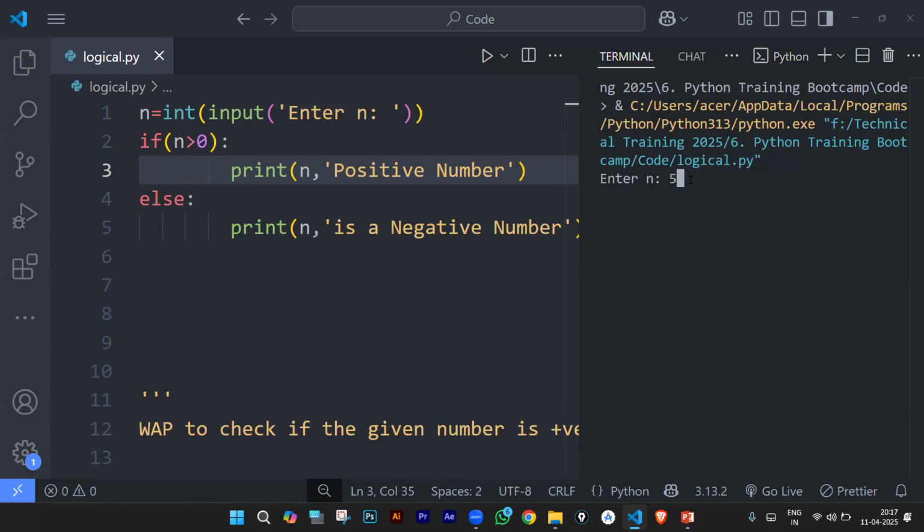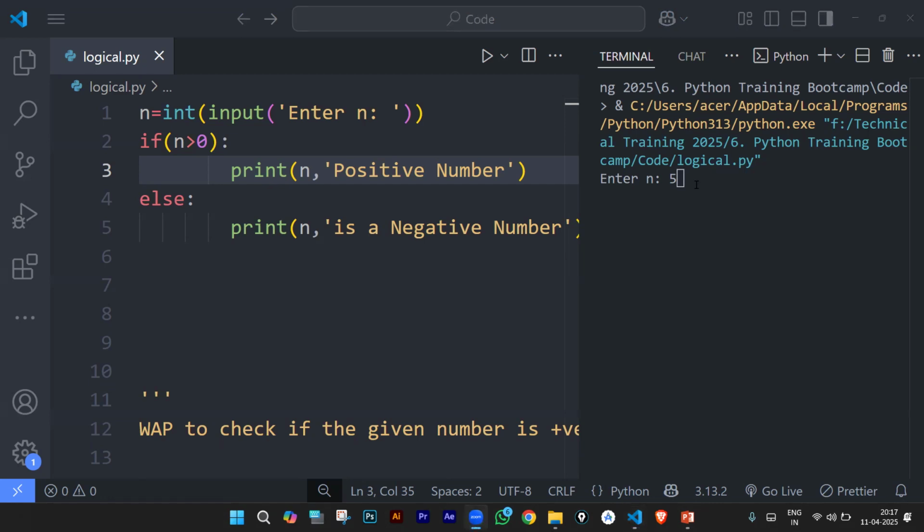What do you think the output is going to be? N is 5. What's the output?